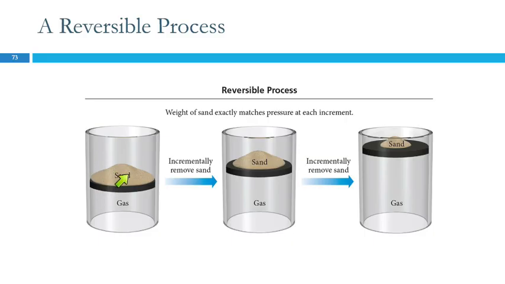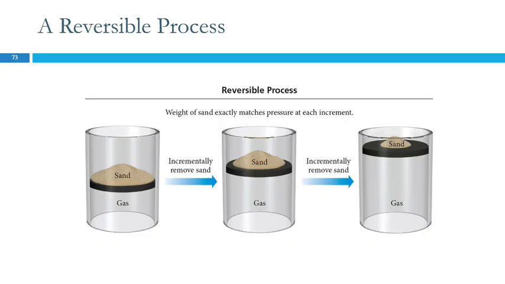Here we have sand sitting on a movable disc, and it's supported by gas underneath. So we have some sand on here. If we take off one teeny tiny piece of sand, this mass is going to be a little bit less, and this platform will go up a teeny tiny bit. So one at a time, you take sand grains out of here, and this platform is going to go up.